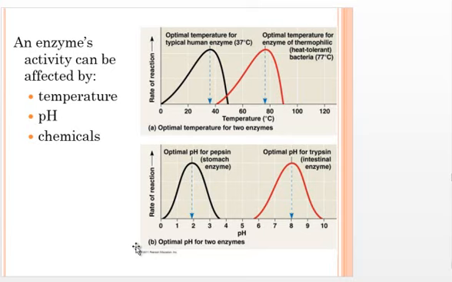If it is too cold, it's also not going to function well, because you're going to lose some of the kinetic energy as you lose some of the heat. Likewise, chemicals can greatly influence the function of your enzyme. For example, if you have an enzyme that is formed because of the interactions between sulfur groups in the R groups, those disulfide bridges could be destroyed by any chemical creating sulfur.